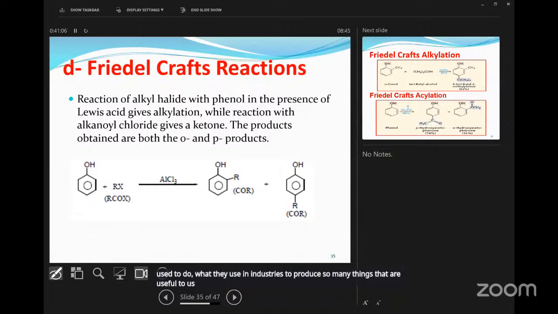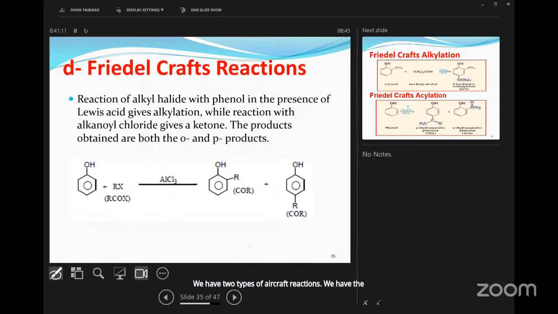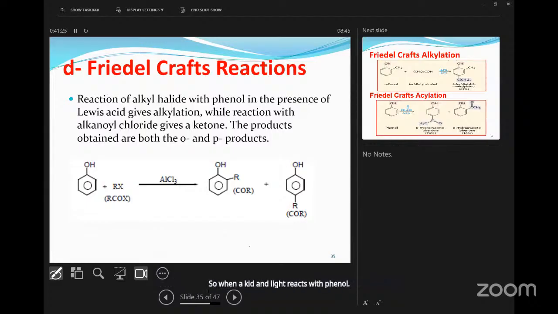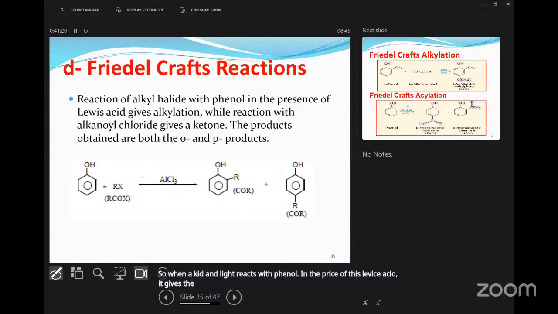Then the Friedel-Crafts reactions. We have two types of Friedel-Crafts reactions. We have the Friedel-Crafts alkylation, and we also have the Friedel-Crafts acylation. Both of them make use of a catalyst, which is called a Lewis acid. So when an alkyl halide reacts with phenol in the presence of this Lewis acid, an alkylation reaction occurs, because the alkyl group of the alkyl halide is taken and added to the benzene.